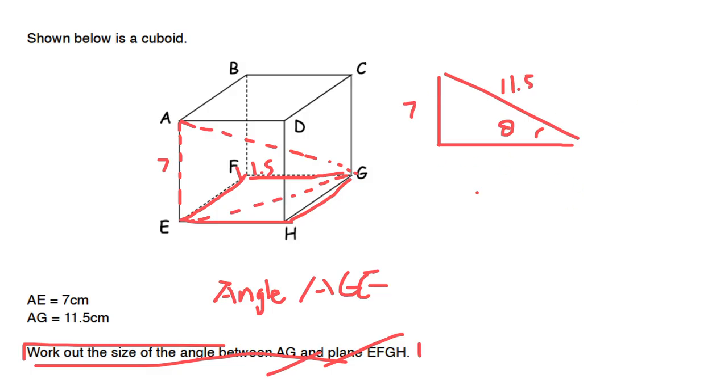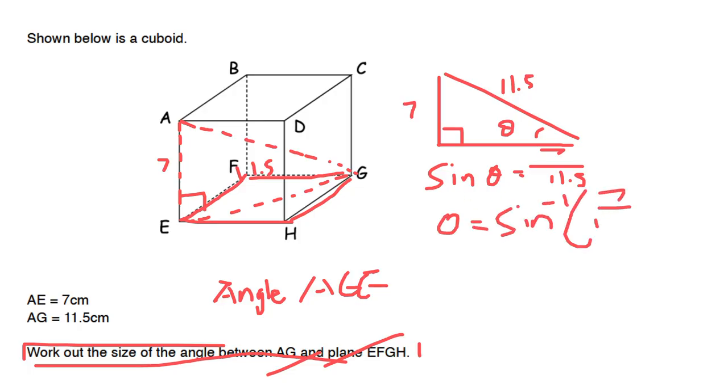Now you can just SOHCAHTOA because this is a right angle triangle. Opposite over hypotenuse: sine theta is equal to 7 over 11.5, and you do inverse sine, so theta must equal sine inverse of 7 over 11.5.